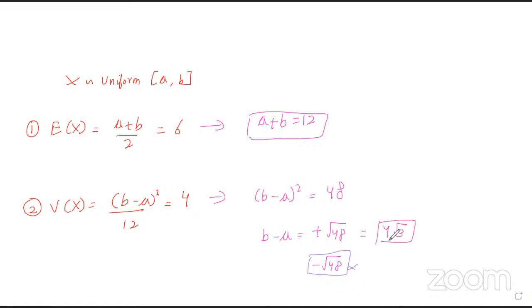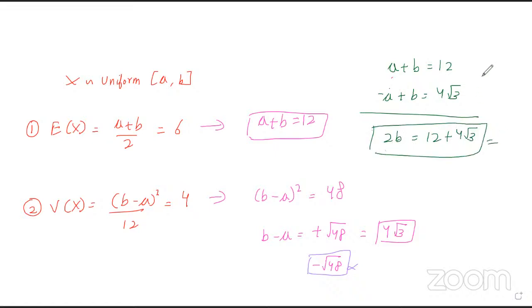Okay, so we know that we have two equations, right? a plus b equals 12 and minus a plus b equals 4 root 3, right? Now if I add these two equations, I will get 2b is equal to 12 plus 4 root 3.